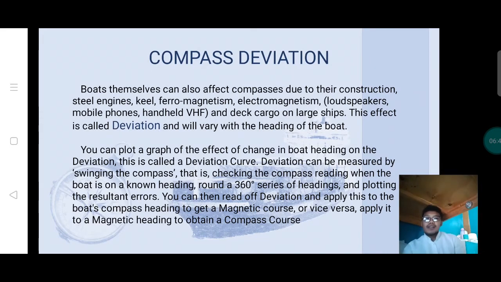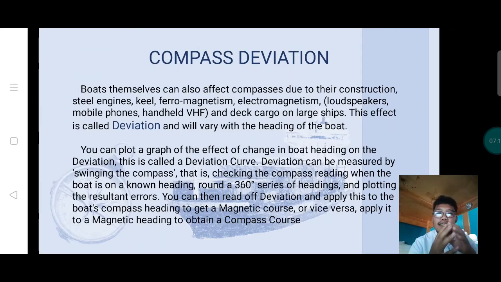So there is a deviation present in using a magnetic compass, because the vessel itself is made up of metals. And as you can remember during our physics in grade 8 or grade 11 or 12, when you rub your feet on a certain rug and then you point your finger at a doorknob, you will feel a magnetism.